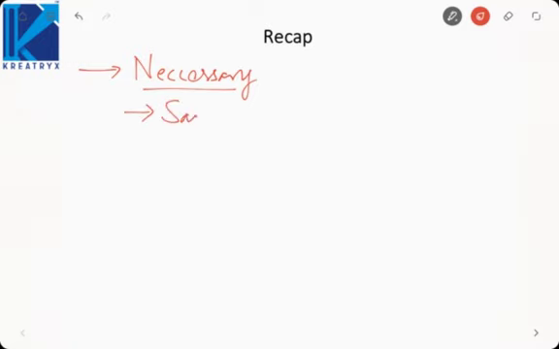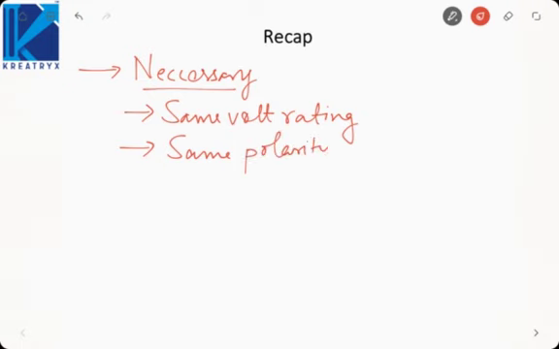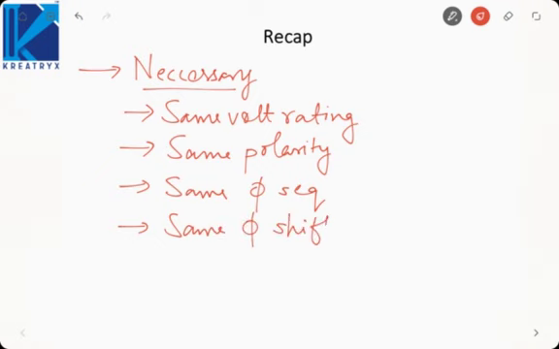Same voltage rating, then same polarity to avoid any circulating currents, then same phase sequence, and lastly same phase shift between the primary and secondary. These were the necessary conditions for the parallel operation of transformers.